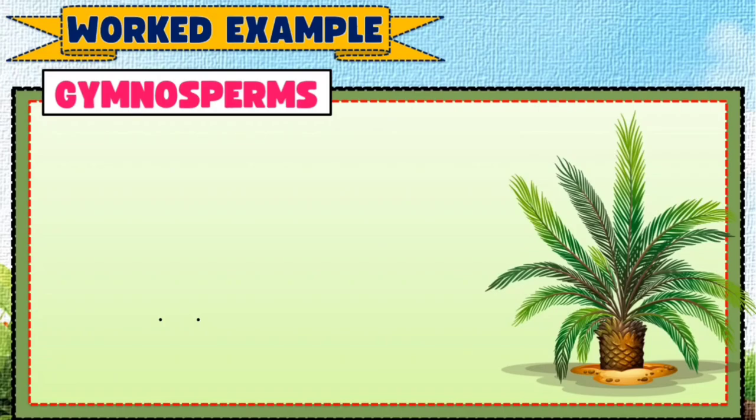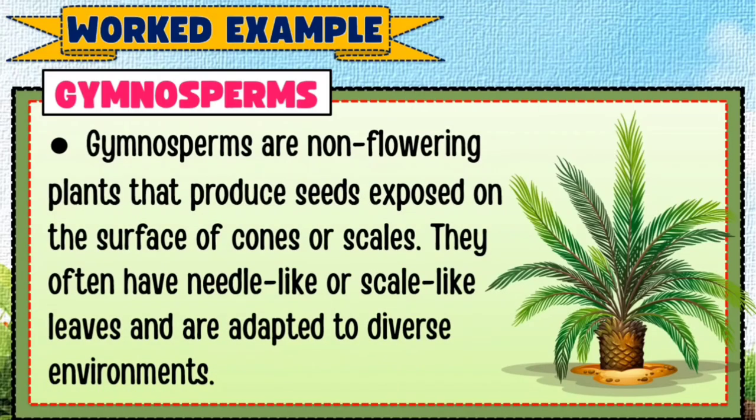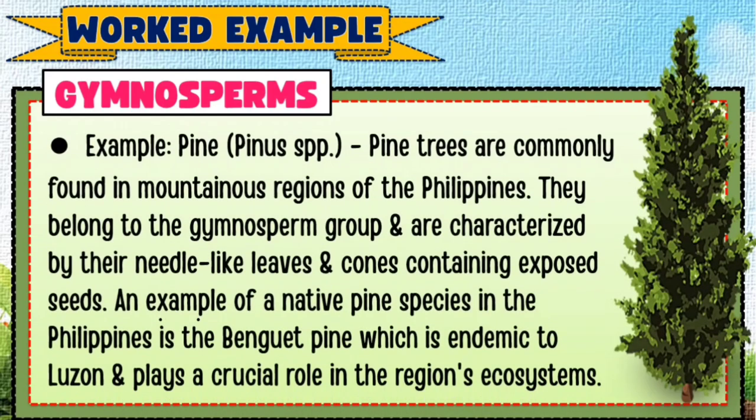Gymnosperms. Gymnosperms are non-flowering plants that produce seeds exposed on the surface of cones or scales. They often have needle-like or scale-like leaves and are adapted to diverse environments. Example, pine, scientific name Pinus spp.